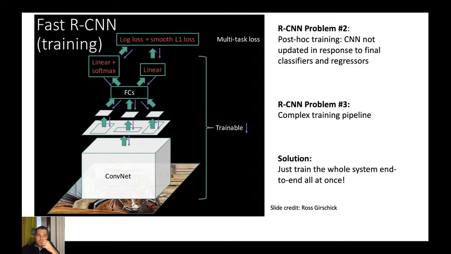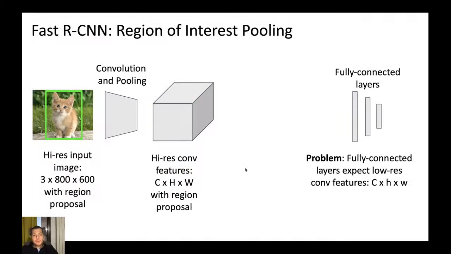They reduced the complexity of the training pipeline. They still have an independent region proposal model and this CNN architecture, so it's simpler than the RCNN architecture. And they also managed to train the model end-to-end using backpropagation.